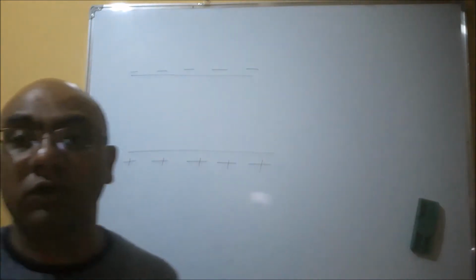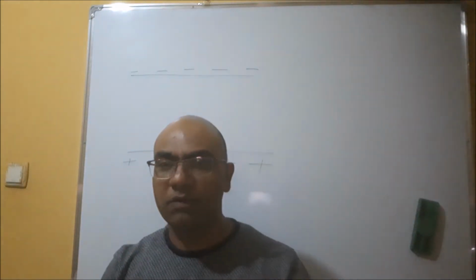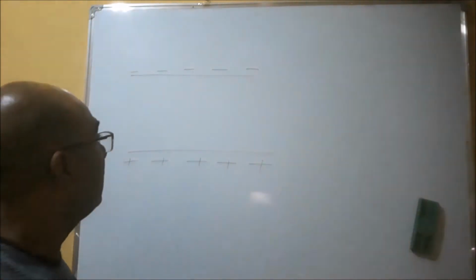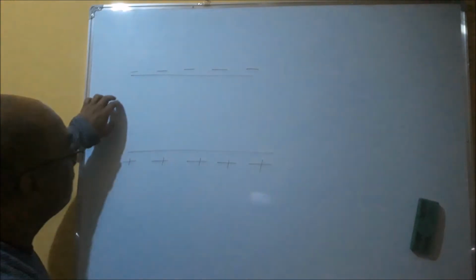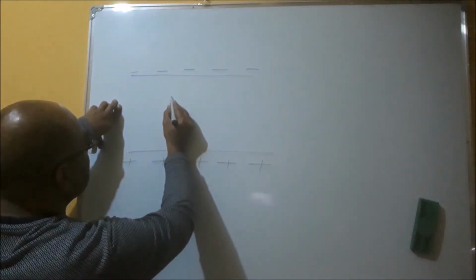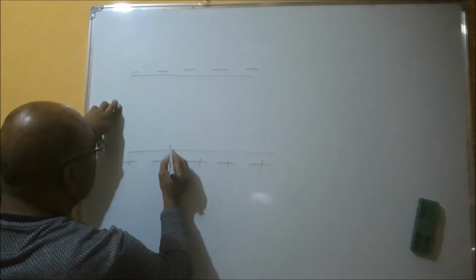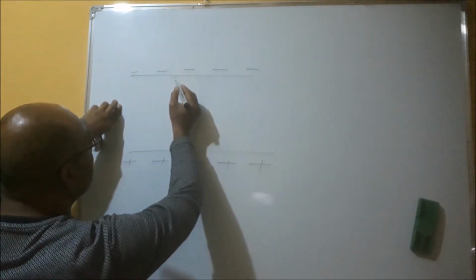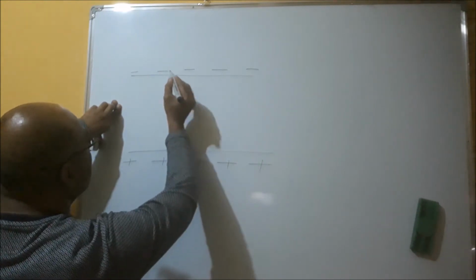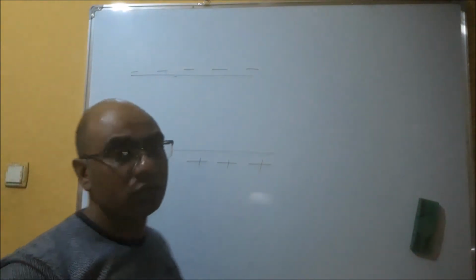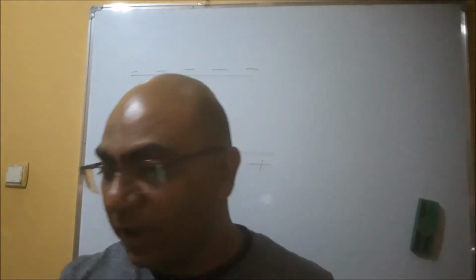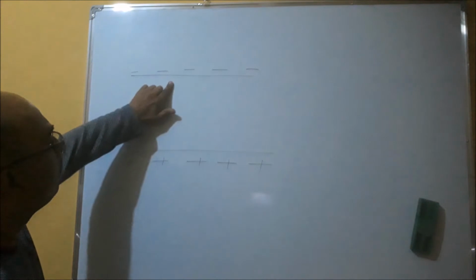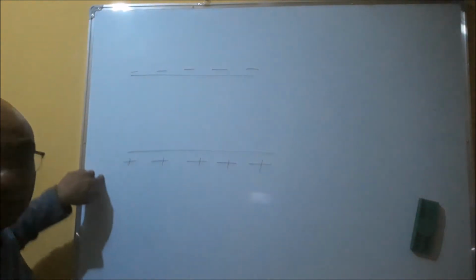So what do we have? We have two plates: the first is the negative plate, the second one is the positive plate. Again, I am repeating, we have two charged plates.